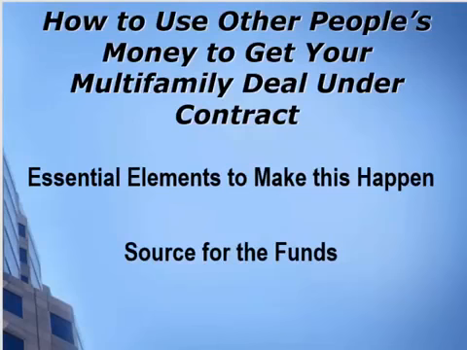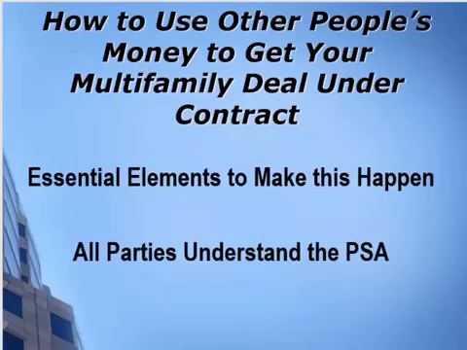We want to control that feature for our earnest money deposit partner. Sometimes it has to be with the title company, but it will never be with the seller's agent. It will never be with the broker. It will never be with the seller's attorney. It's either in the title company or it's in our account. So that's what I mean by the source of funds. Now, the other thing that we're going to need is parties that totally understand the purchase and sale agreement.